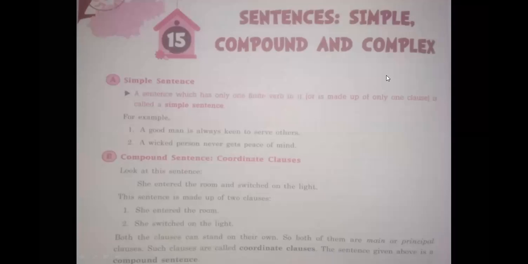See now, next one. I was telling you that a finite verb is that which is operated or dealt with by the subject, which functions according to the subject, right? That's called a finite verb.